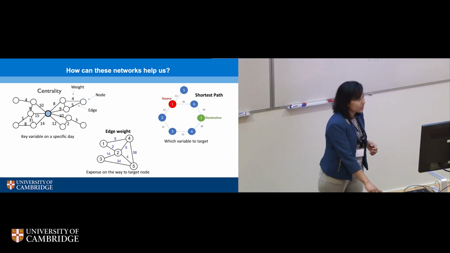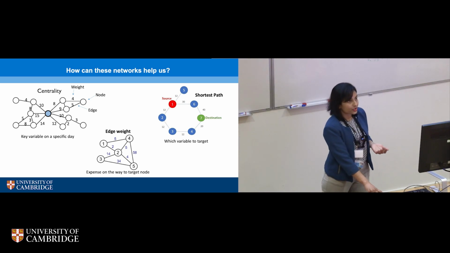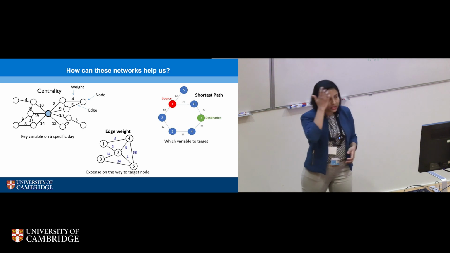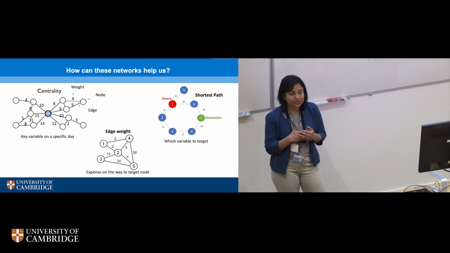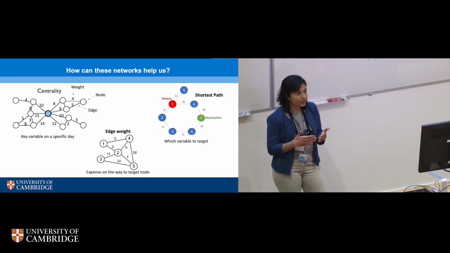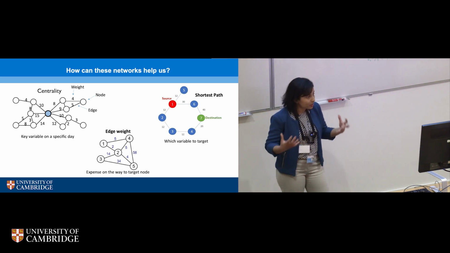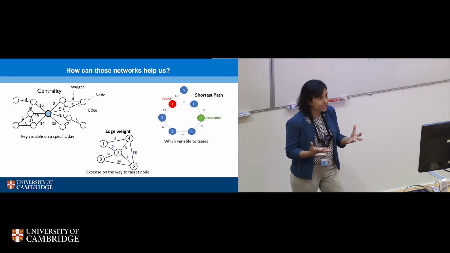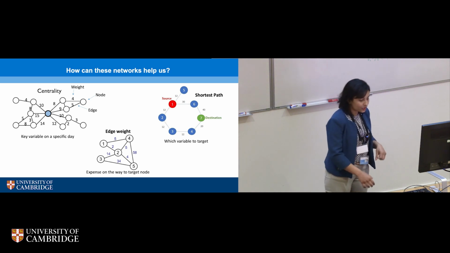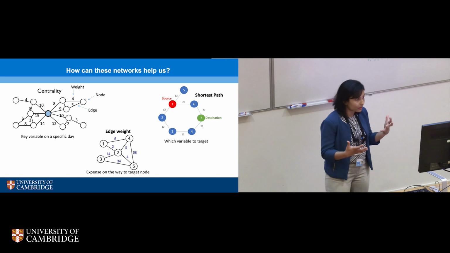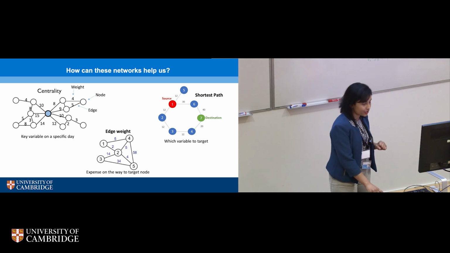And edge weight is useful because it will tell you the expense on the way to a target node. This is important because a control action has to have as minimal impact on the system as possible. You do not want to create a lot of turbulence in the system, especially because they're cell cultures. So all of these properties are really useful when it comes to understanding the variable interactions.